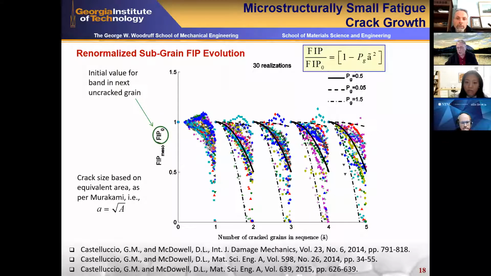So it's a renormalization process for each successive grain, and using this kind of analytical estimate that's calibrated to these results is useful because it allows us to then achieve an analytical form for the life, the number of cycles required to propagate a crack across a given grain, right? We used a Murakami square root area type of assignment for the crack size in this case.